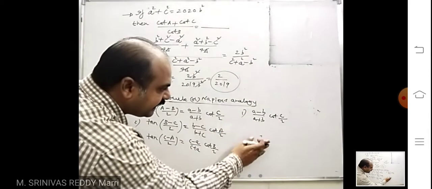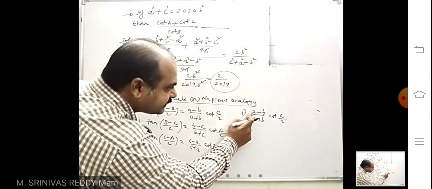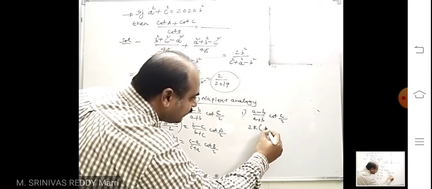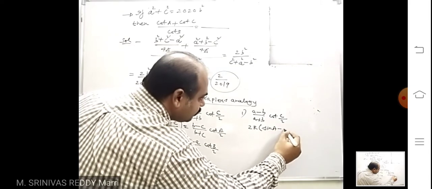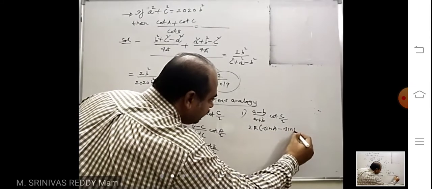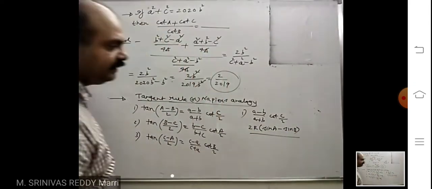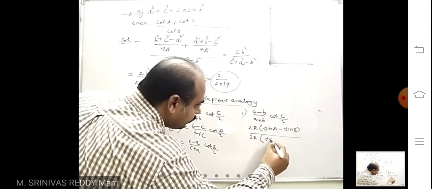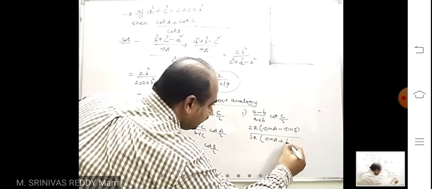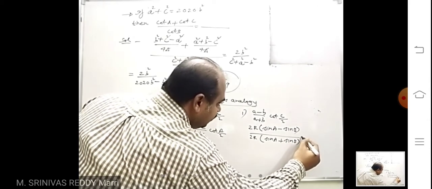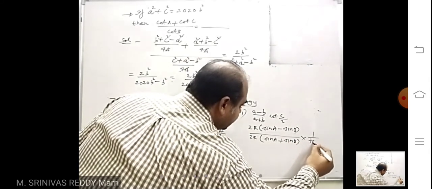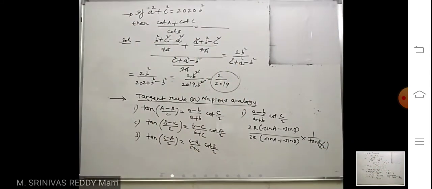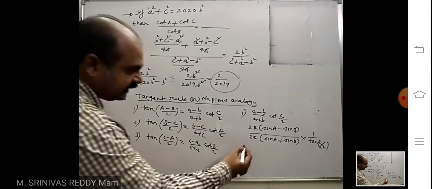Now a is what according to sine rule? 2R sin A. b is what? 2R sin B. I am taking 2R common: sin A minus sin B divided by, in the denominator 2R common, you will get sin A plus sin B into cot C by 2. I am writing it as 1 by tan C by 2. Now look at here.